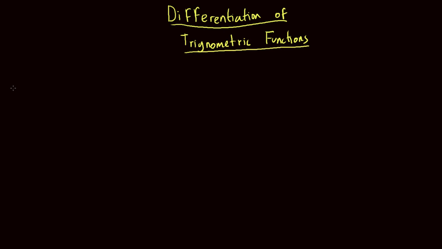So we're very familiar with the very basic trigonometric functions, like for example the sine of x, the cosine of x, and of course the tangent of x, right? And once we find the derivative of these functions, the derivative of sine x, we usually write the derivative as d dx.